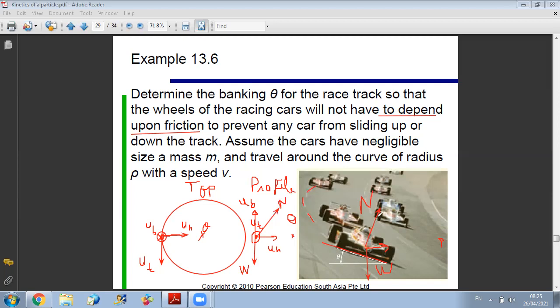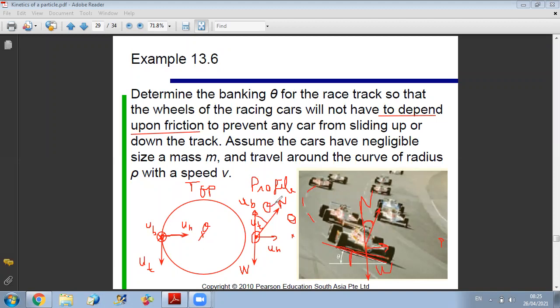So here, for example, as you can see in the figure, N is perpendicular to the inclined line, okay? And the weight is perpendicular to the horizontal. So the angle between the incline and the horizontal will be equal to the angle between N and UB, okay? So this angle here is that.